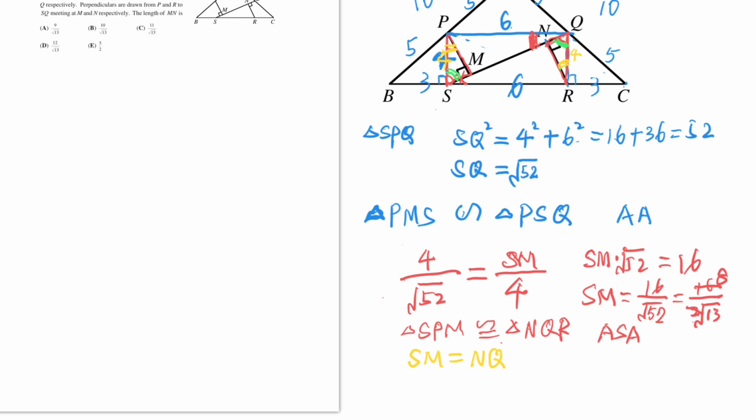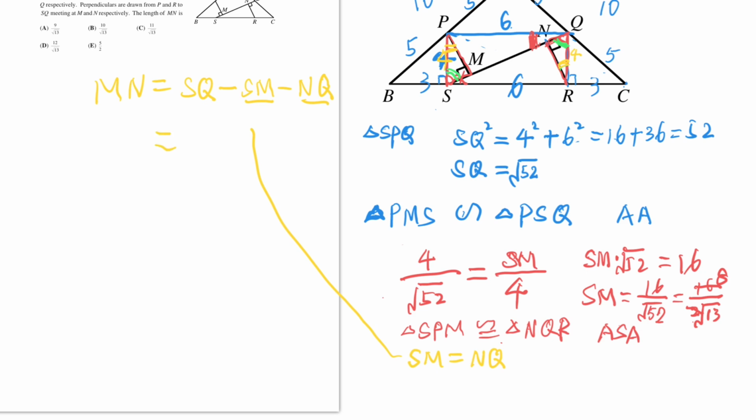Now finally we can find MN. MN equals SQ minus SM minus NQ, and SM and NQ are equal.